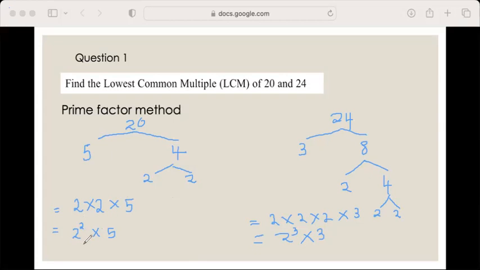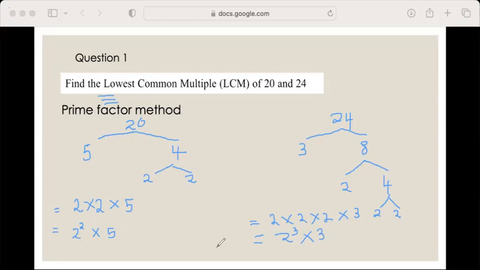Right. So now we have the factors of 20 and 24. The factors of 20 are 2 squared times 5, and of 24 are 2 cubed times 3. Now, when you are finding the lowest common multiple, keep in mind what you should do.